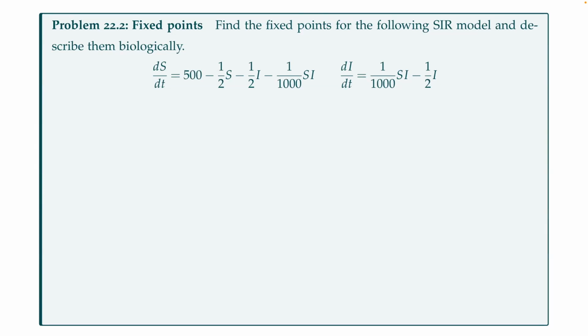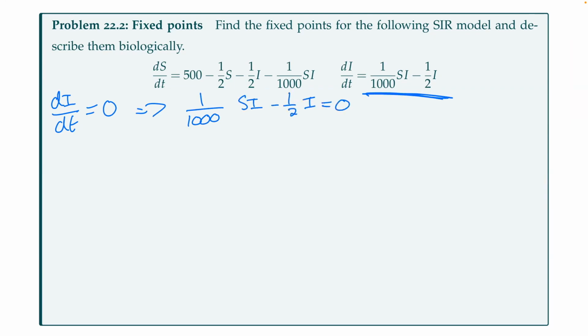So let's work through this one together. For dI/dt, I'm going to start with this because it's a little bit simpler. This one is equal to 0 when this equation here is equal to 0. So this tells me that we need 1/1000 SI minus a half of I equal to 0.